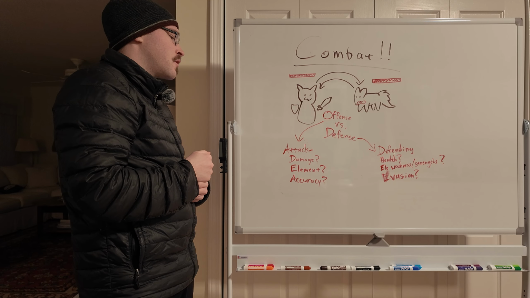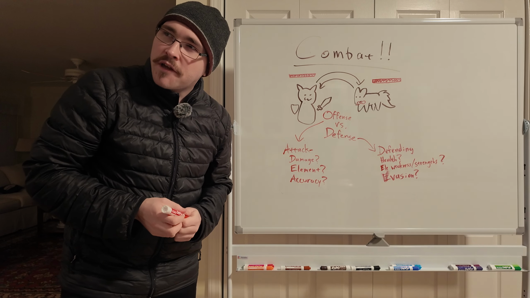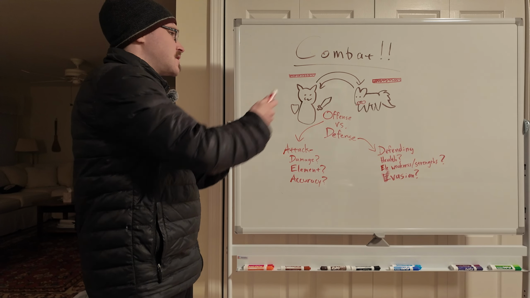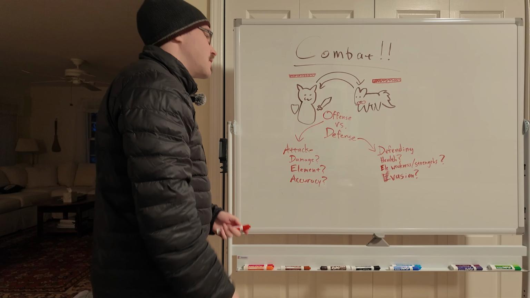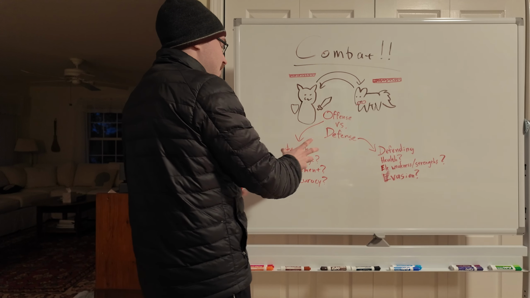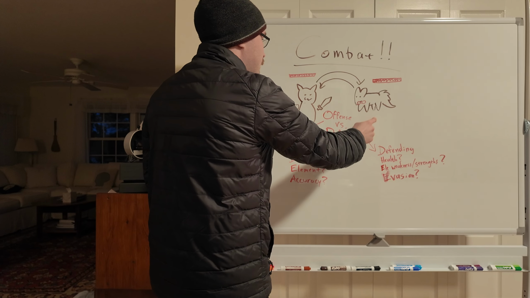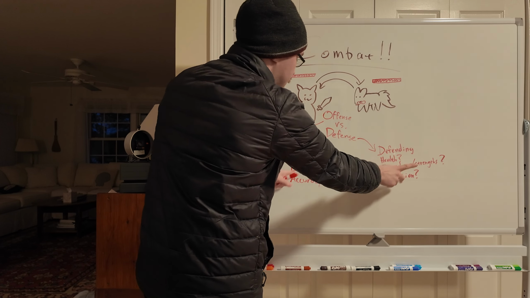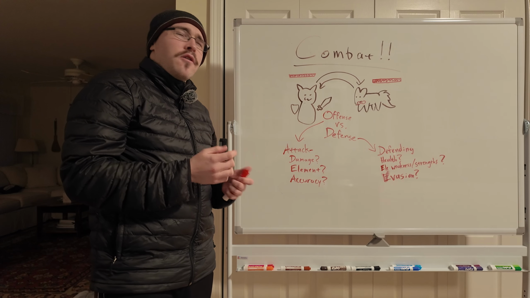Now the player has to worry: is my attack going to do enough damage? Or, since this is turn-based, how many turns is it going to take me to defeat this creature? Can I survive that long? Because as soon as the attack phase of this hero is over, the creature now has the chance to attack, and these things are going to swap. So it's just an ebb and flow.